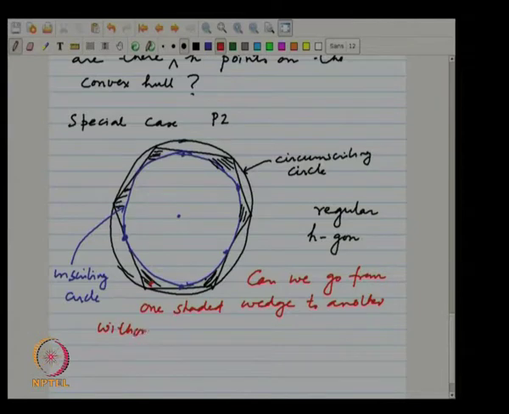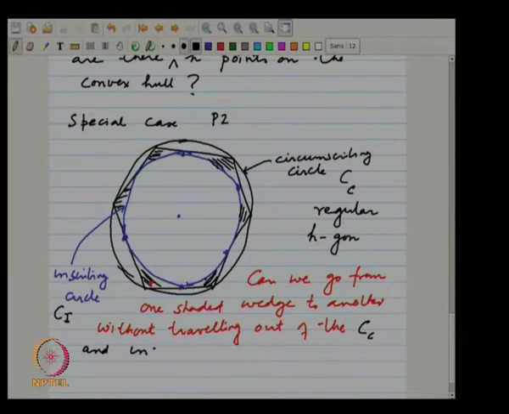Can we go from one shaded wedge to another without traveling outside of the circumscribing circle, C C, and inside of the inscribing circle, C I? That is the question I am asking.